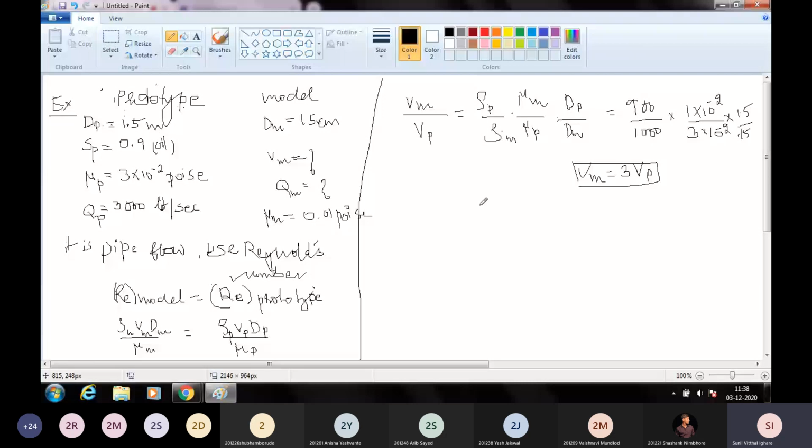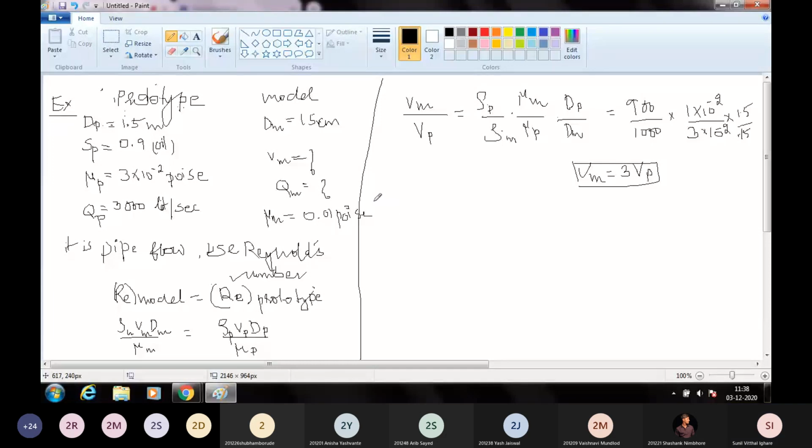Okay, and the next thing is velocity of prototype. We got it in terms of the ratio Vm by Vp, that is equal to 3. But we want the constant value.